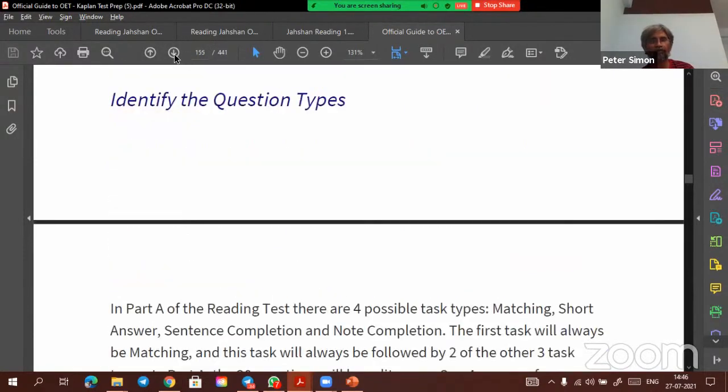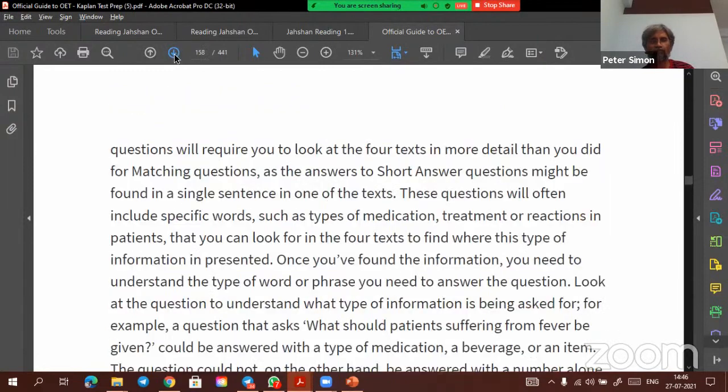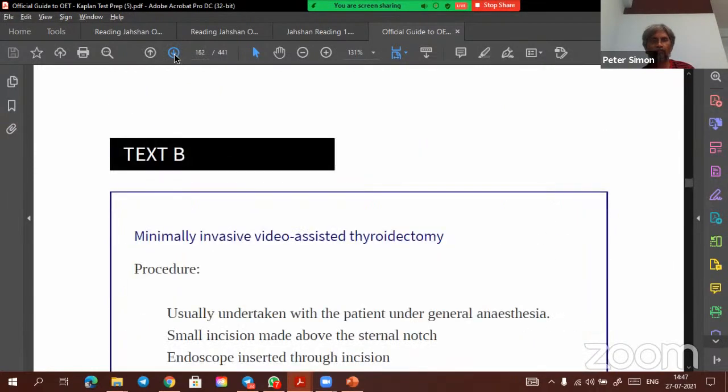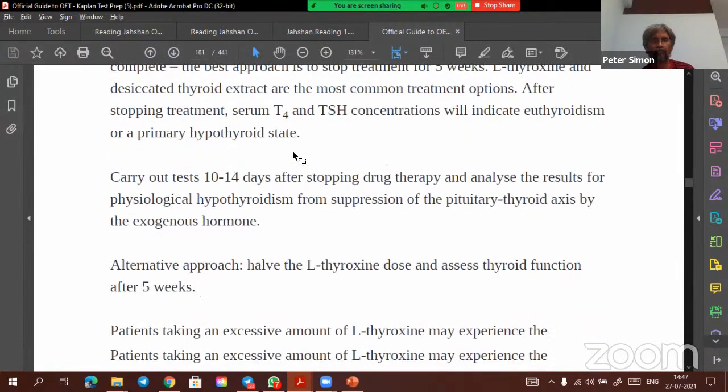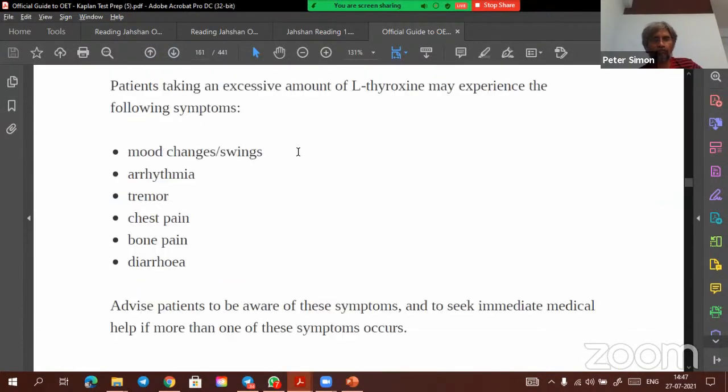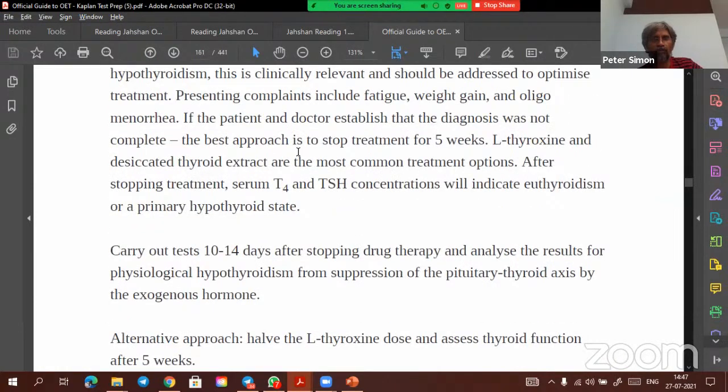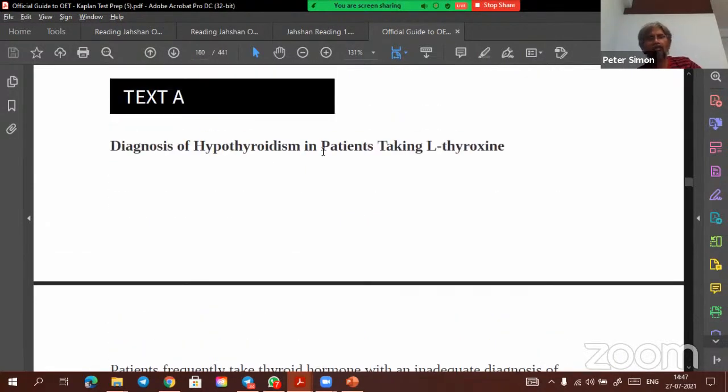So further ahead. Yes, hyperthyroidism. Text A. So he has given that idea. Then afterwards he is giving a different question. Diagnosis of hyperthyroidism.